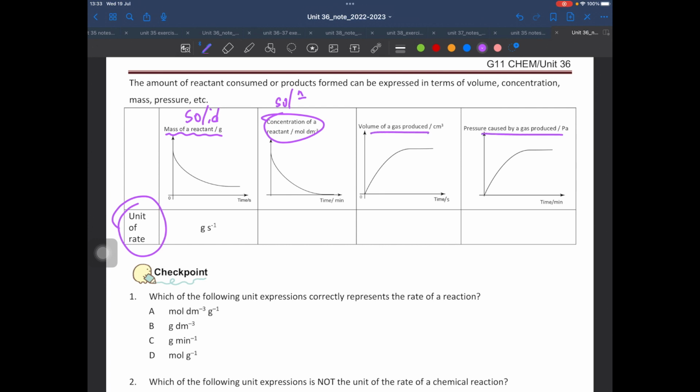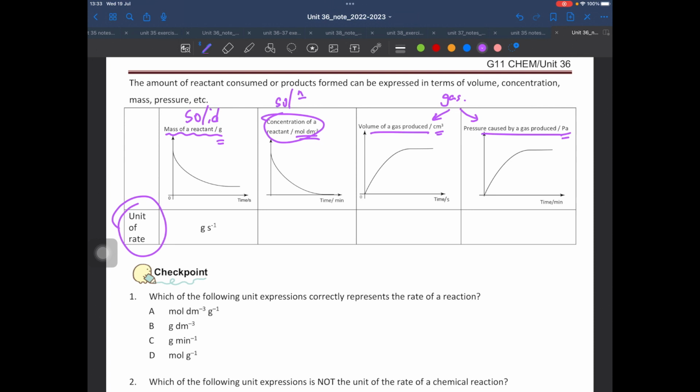And the third and the fourth are easy: the volume of gas or the pressure of gas, which represent reactions involving gas. So we have plenty of expressions for the word amount. The amount can be expressed in gram or mole per dm cube or cm cube or Pascal, which is a unit for pressure.